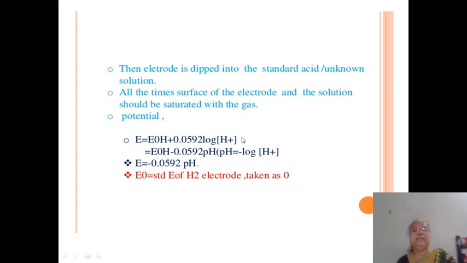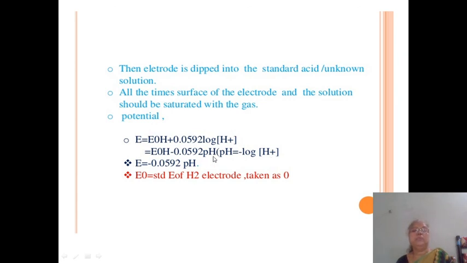All the time the surface of the electrode and the solution should be saturated with the gas, and the potential of the hydrogen gas electrode is given by this equation. Here E, the EMF or potential of hydrogen gas, is equal to E0 plus 0.0591 into log of concentration of H plus ion. Here E0H means the standard potential of hydrogen gas, minus 0.0592 into pH, that means minus log of H plus ion is nothing but pH.